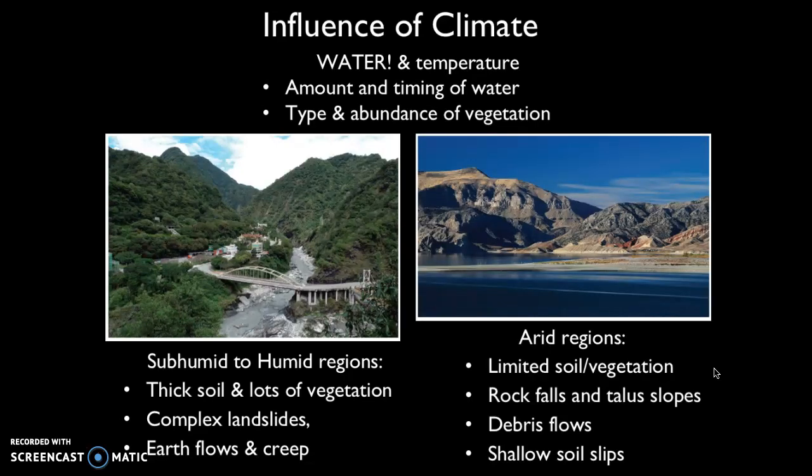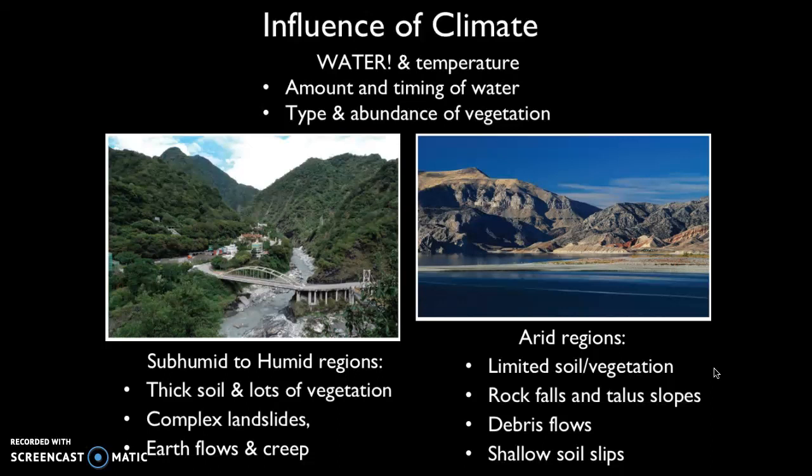And then for more arid regions, perhaps like southern Idaho over here, you're going to have fairly limited soil. The soil is not going to be as thick, and vegetation content is not going to be as great. So if you do have vegetation, it's mostly going to act as a resisting force opposing the flow downhill.